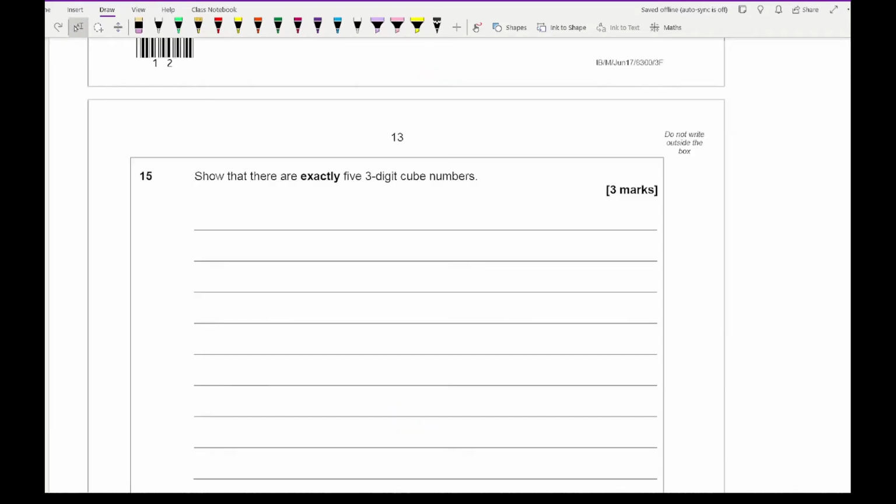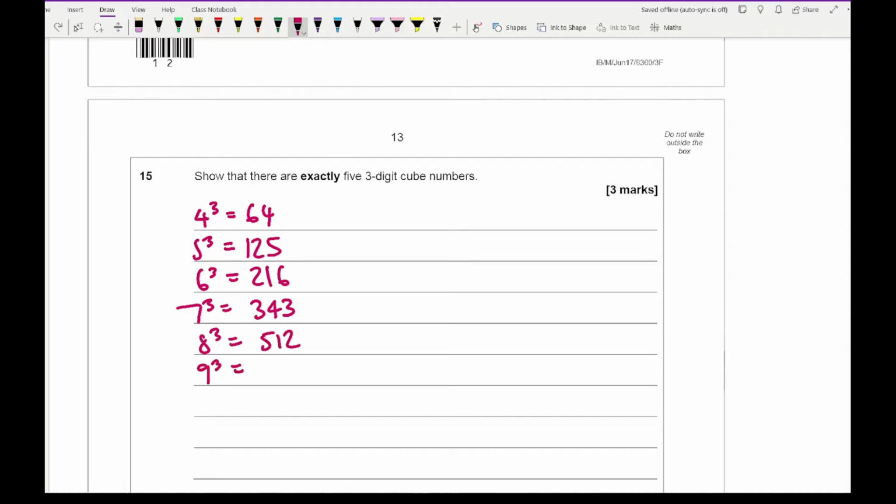Looking at question 15, it says show that there are exactly 5 3-digit cube numbers. Now for this, all you need to do is actually work out what the cube numbers are. So if I start with, let's say 4, 4 cubed is going to give me 64. 5 cubed is going to give me 125. 6 cubed, and again, with you having a calculator, this should be relatively straightforward, we've got 216. 7 cubed is going to give me an answer of 343. 8 cubed is going to give me an answer of 512. 9 cubed is going to give me an answer of 729.